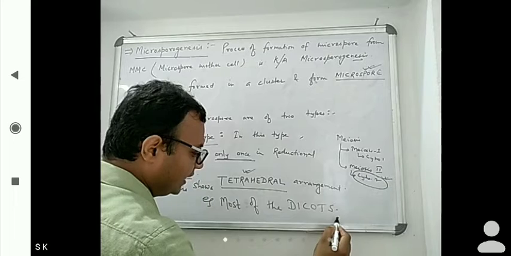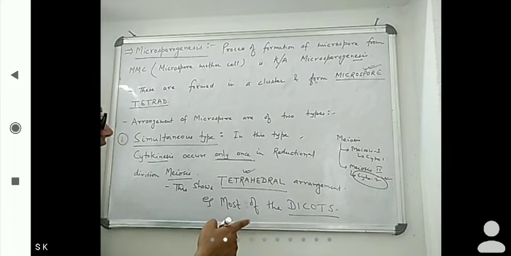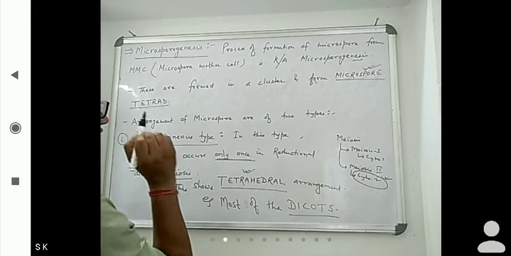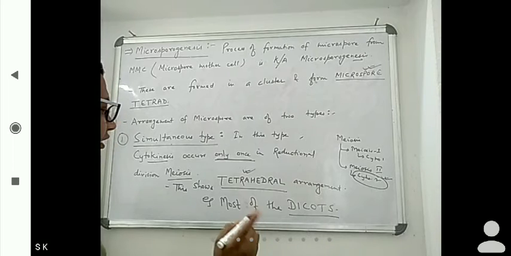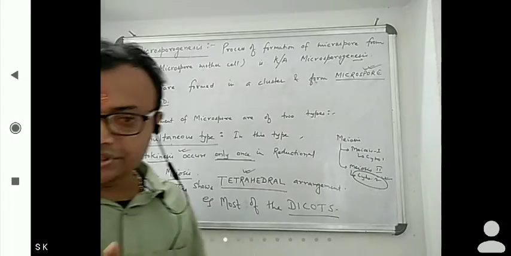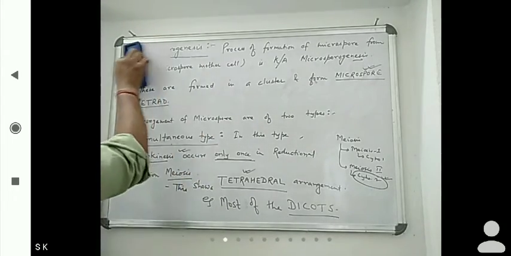So most of the dicots contain tetrahedral arrangement, and this type of arrangement of microspores is simultaneous type. So here only one cytokinesis occurs. Now next one is successive type. So next we have to see successive type.